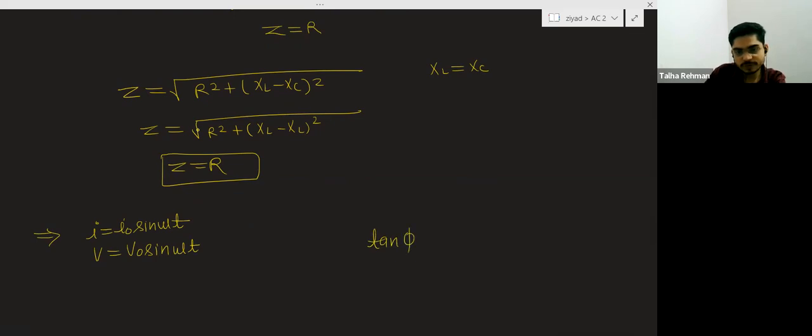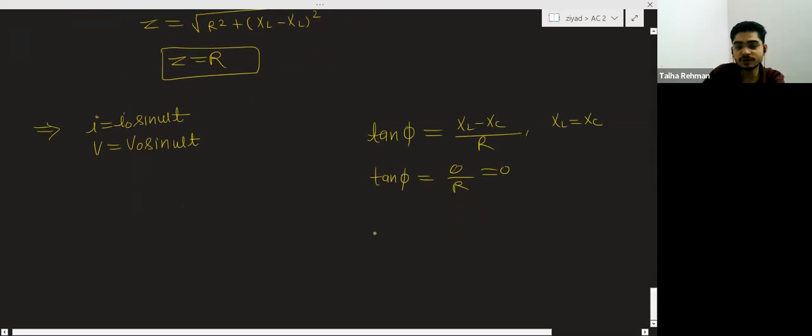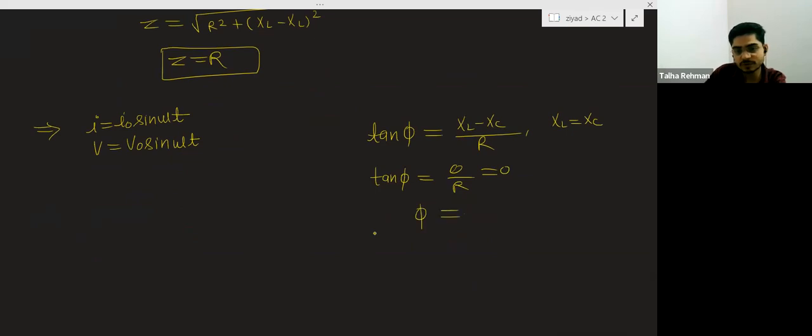If you want to prove it, you should know what phi is. Tan phi is equal to XL minus XC divided by R. Here XL is equal to XC, so this becomes 0 by R, which is equal to 0. So tan phi is equal to 0, which means phi is equal to 0.